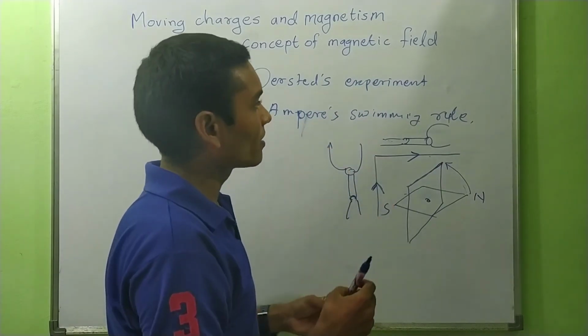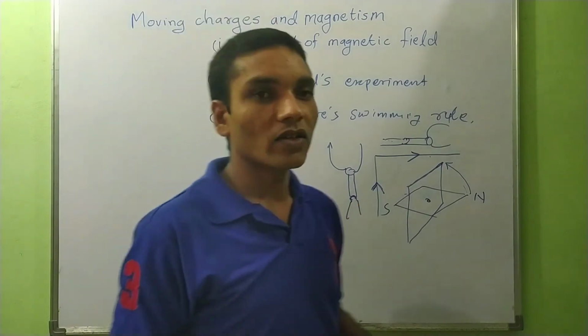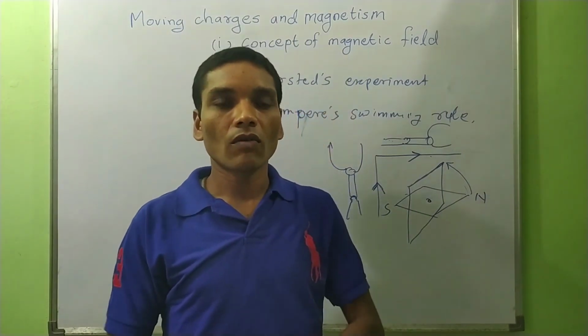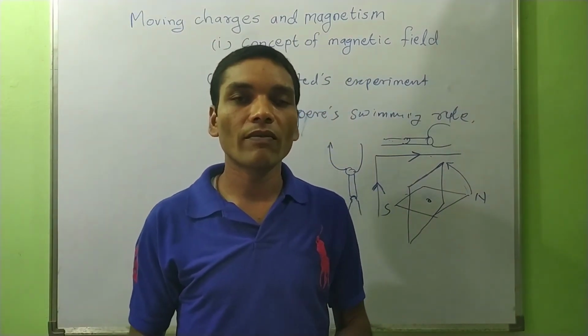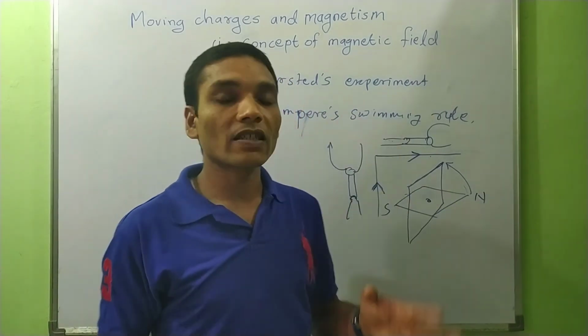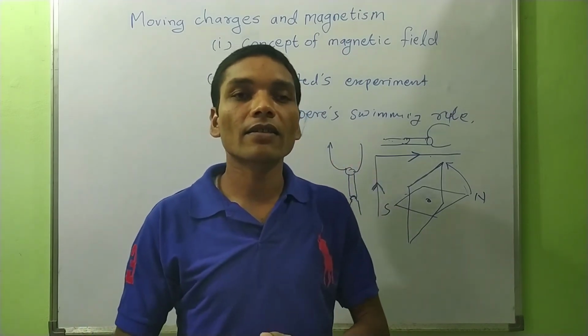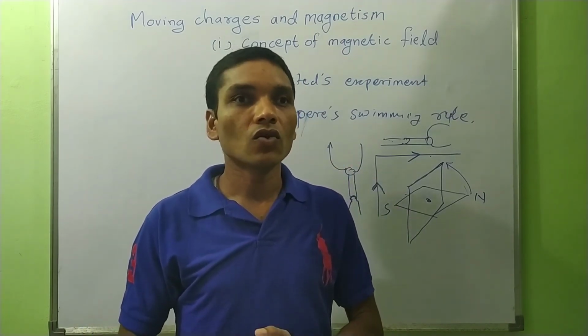So this is Ampere's swimming rule. So we understood in this video, first the concept of magnetic field, second Ørsted's experiment, and third, Ampere's swimming rule.